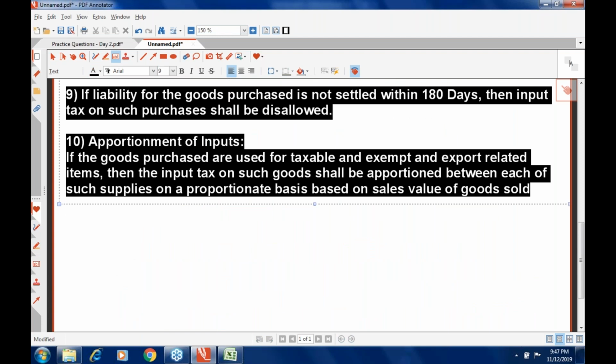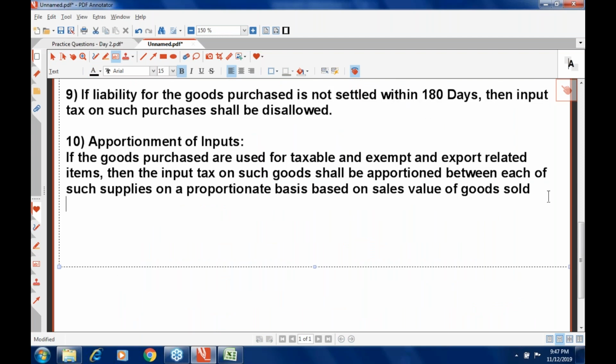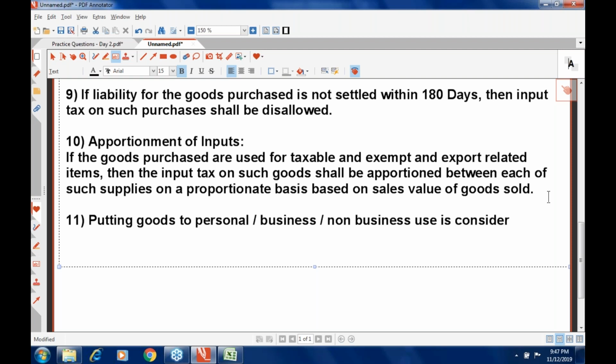I'm going to mention that putting goods to personal, business or non-business use is considered as supply.